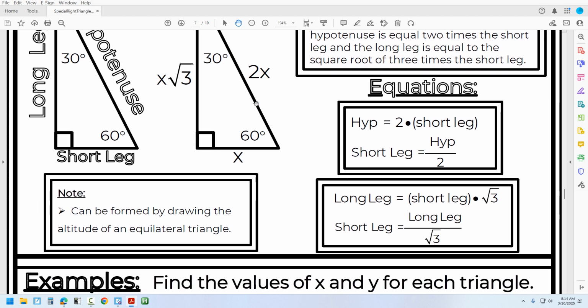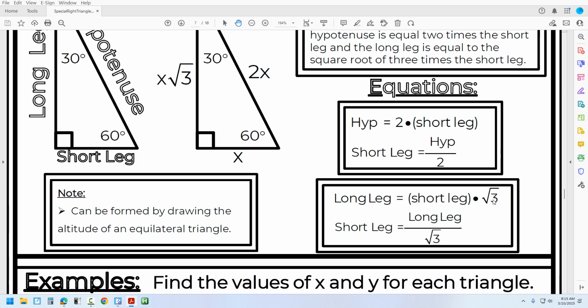Okay, so the connection between the short side and the hypotenuse, that's pretty nice numbers. One is just double the other. This one's a little messy because it has a square root in it. Okay, that's just the way it is. So if you want to find the long leg, and I tell you the short leg, you fill in the short leg and you multiply it by the square root of 3. Now, a lot of times when we do it, we're not even going to figure out what that is.